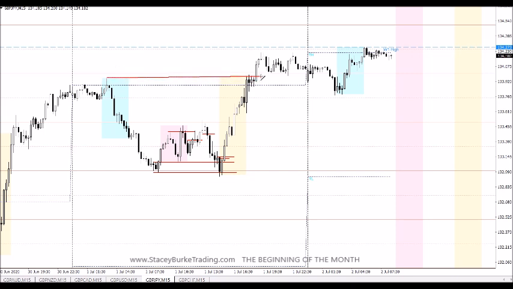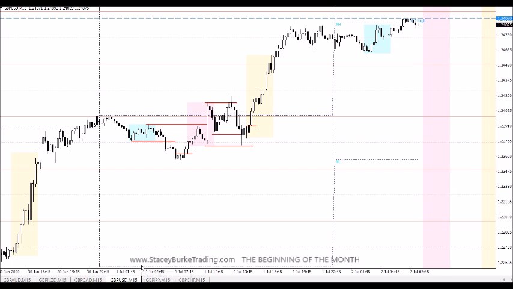Into the upper 50 pip box for 100 pips into the breakout of the double zeros. British pound, again, 50 pip box, breakout, pullback, breakout, continuation.